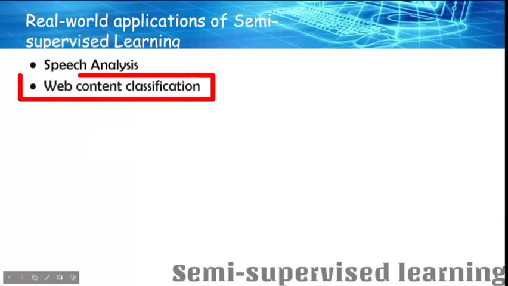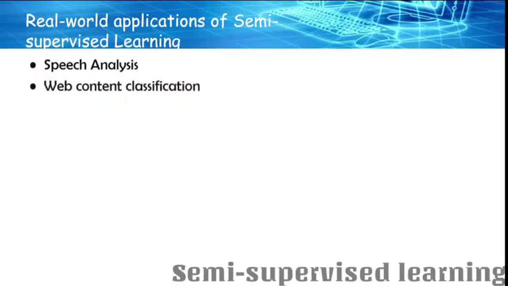Next we have web content classification. Content classification is critical, and it is important to have a label on each page, so it needs a lot of intervention. You might still not get the same level of accuracy as with fully supervised learning, but with respect to the trade-offs, having less labeled data, where a human has to sit and give the labels for training, you can instead work around it with semi-supervised learning.